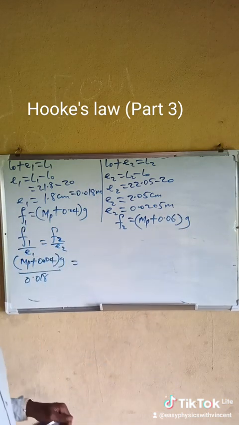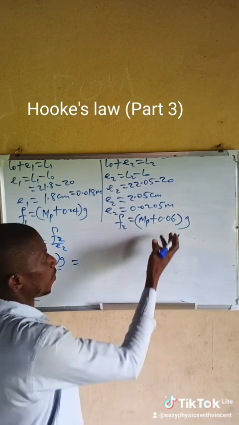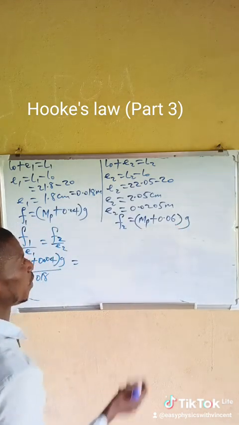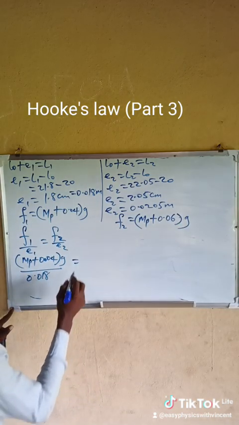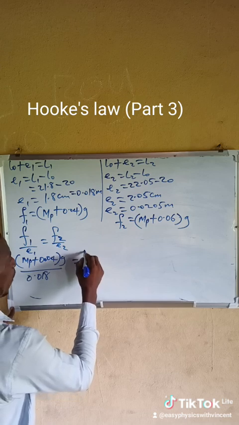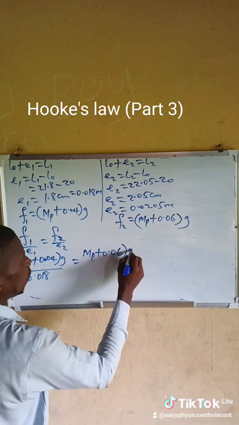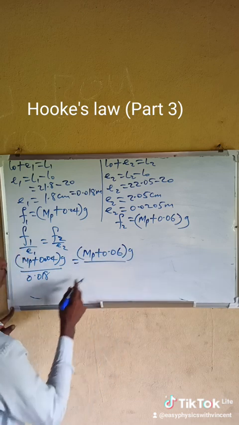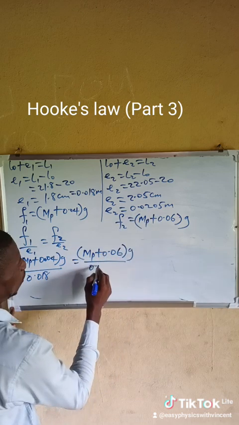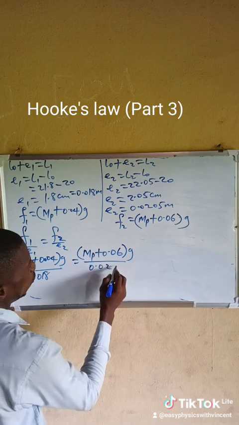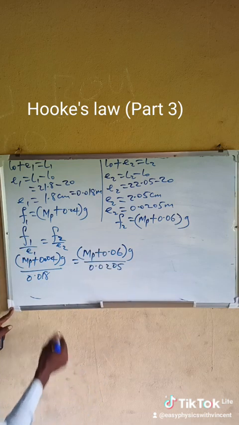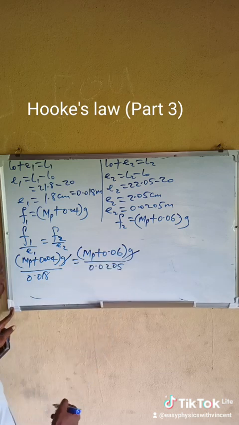It was given as 60 gram, and 60 gram divided by 1000 gives us this. That is all over 0.0205.